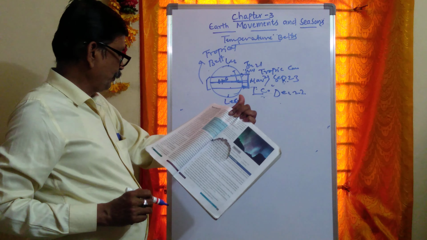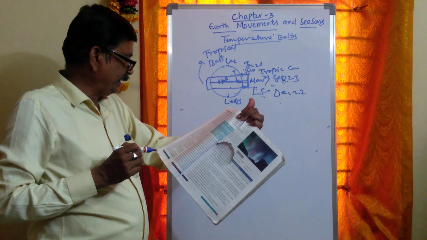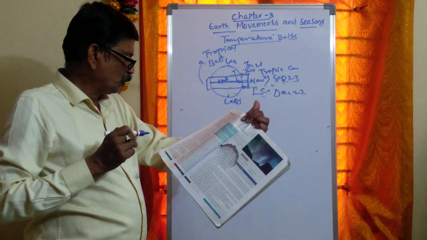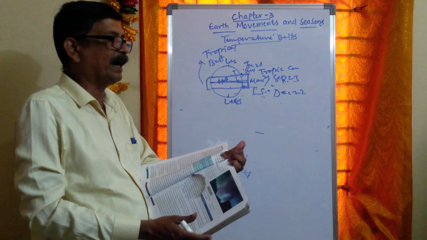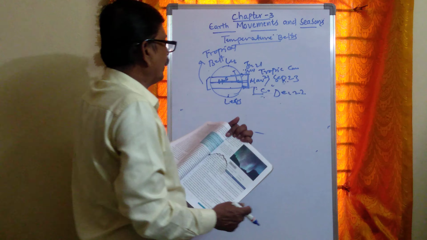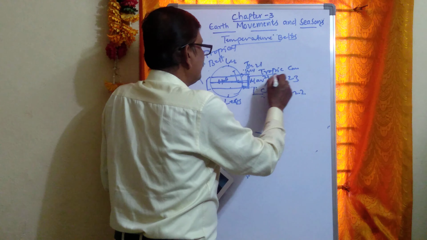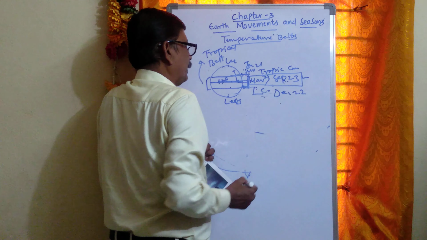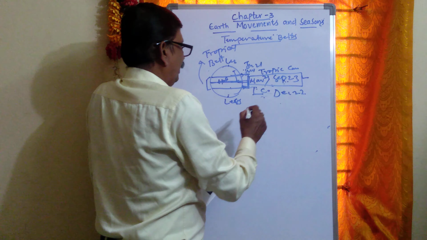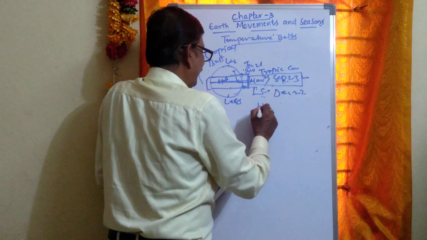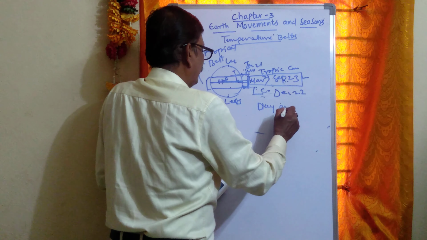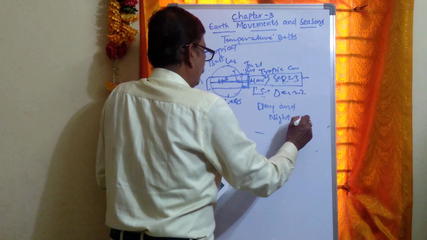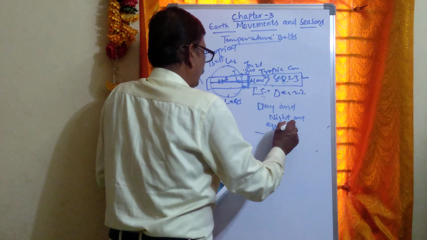On March 21st and September 23rd, throughout the world, the day and night are equal in size. So these are called equinox. Write down: on March 21st and September 23rd, the day and night are equal throughout the world.